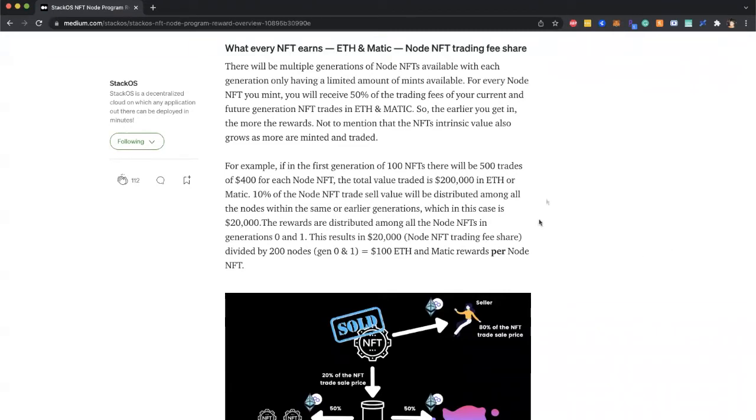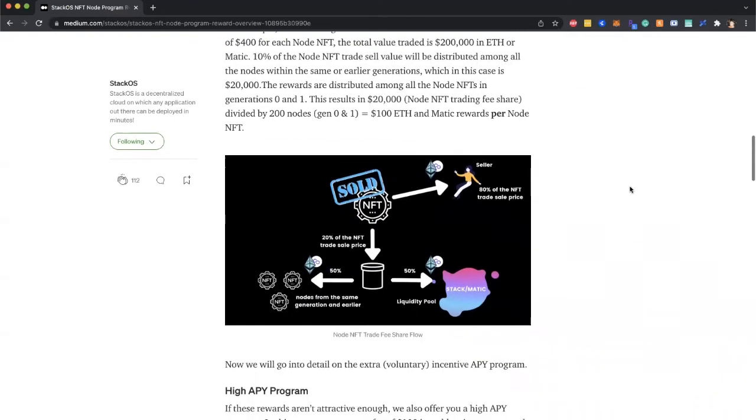Based on the division of these rewards, 80% of the trading fees goes to the seller of the NFTs, and the remaining 20% is split between the early generation NFT holders and the liquidity pool. I'll come to the next part later, but all of those early generation NFTs receive the trading fees from all the future trading of NFTs.